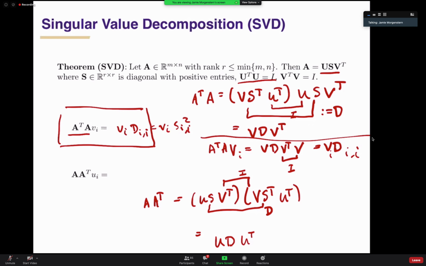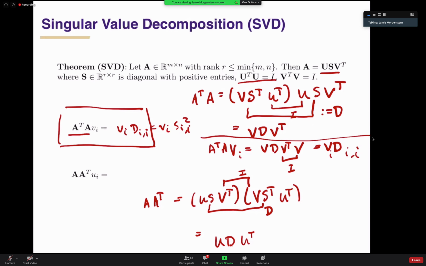It's the eigenvector of A transpose A. Yeah, right. So v_i, the ith column of our matrix V, is an eigenvector of our particular matrix A transpose A, with eigenvalue D_ii.